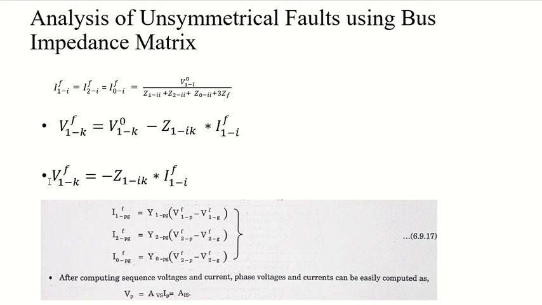And as the pre-fault negative sequence bus voltage is 0, the post-fault negative sequence bus voltage can also be found using the same formulas. I have not mentioned the formula again here. You just have to replace 1 with 2 in the values of current and impedance. The same holds true for voltage, and you will be able to find the negative sequence and zero sequence voltages.